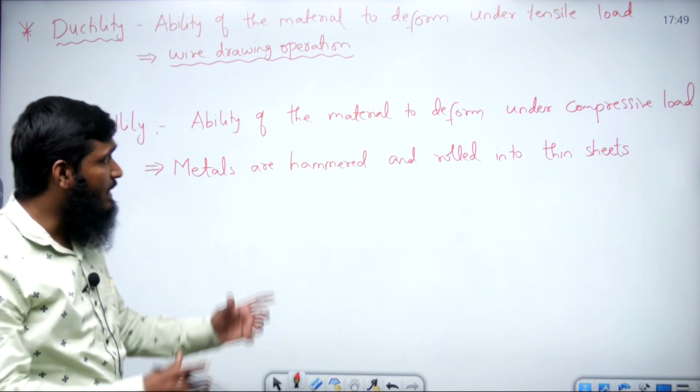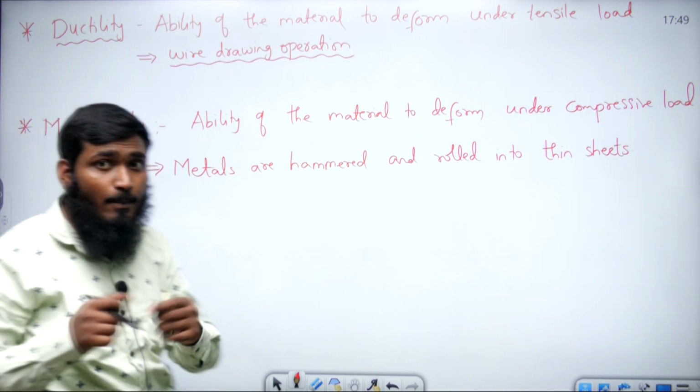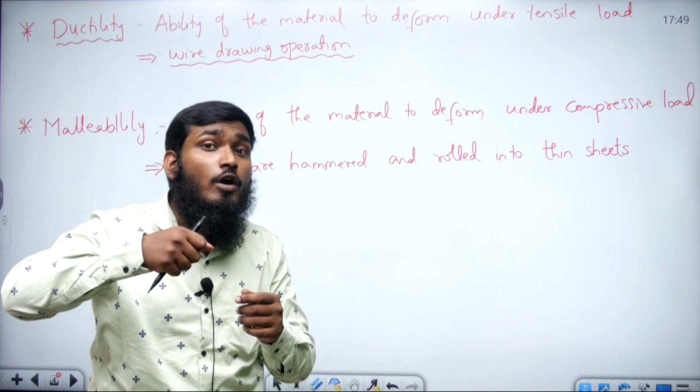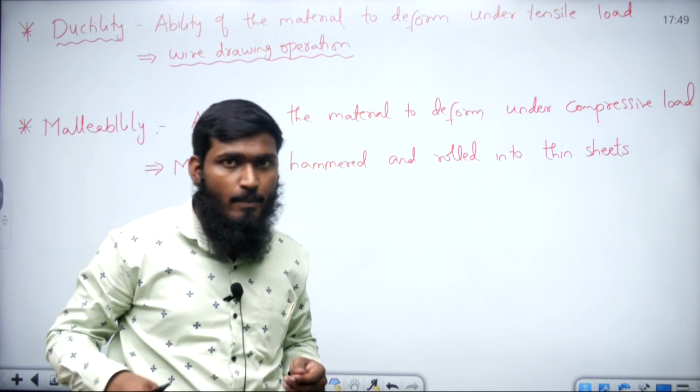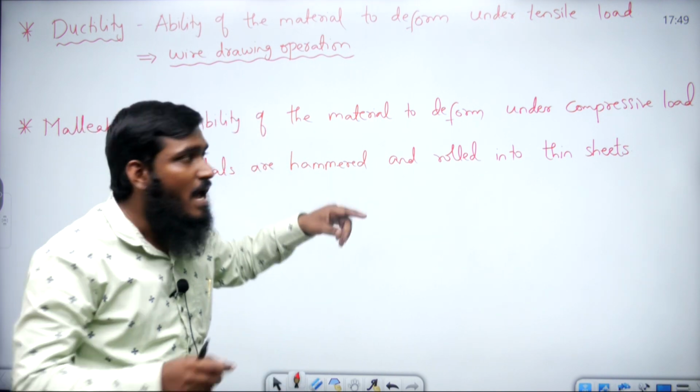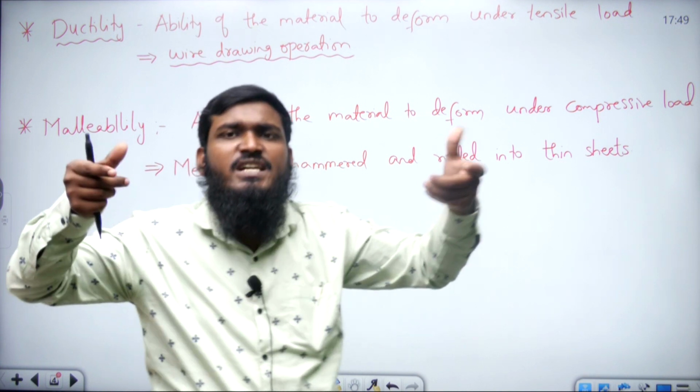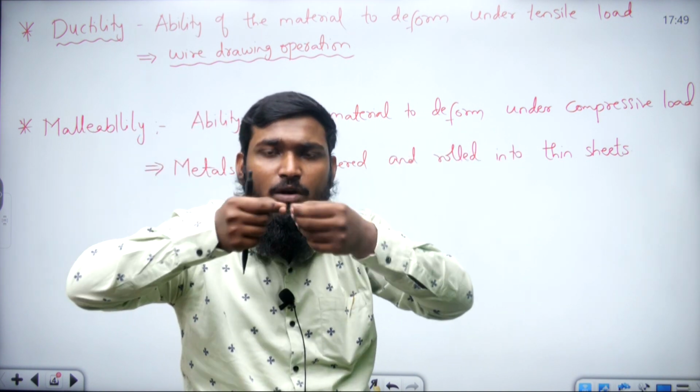Now what is happening? We are taking the material under a compressive load. So that's why we are performing the hammering operation. So metals are hammered and rolled into what? Thin sheets. What are we making? Thin sheets.